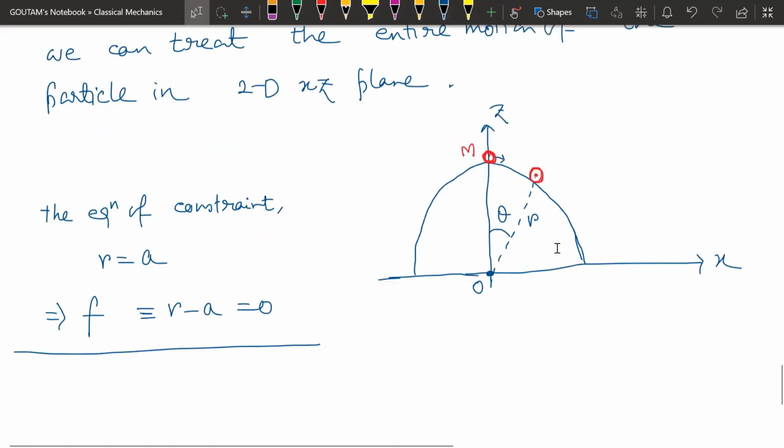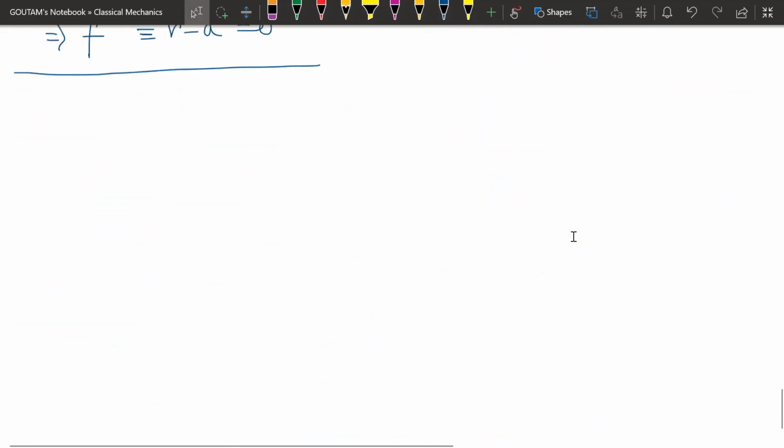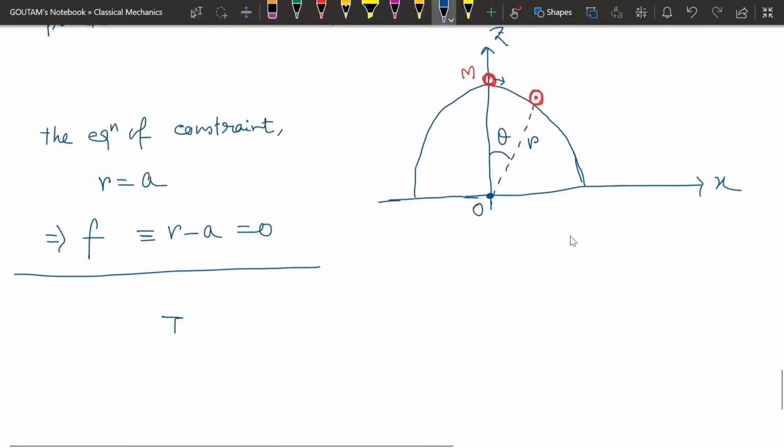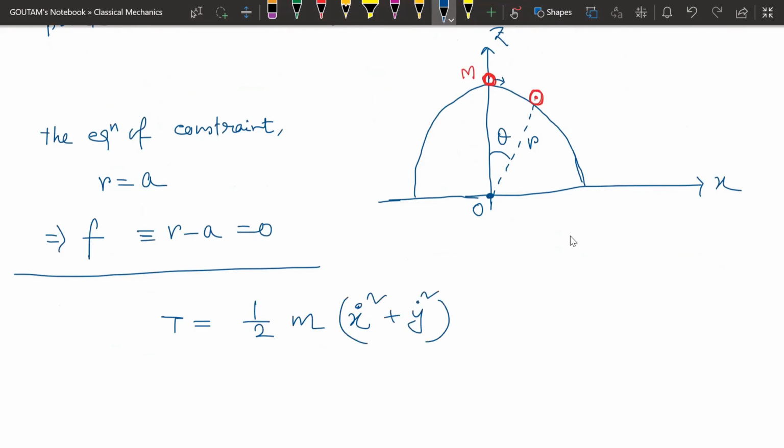Now we need to find the Lagrangian. So we need to find the kinetic energy. The kinetic energy T will be half m (x dot square plus y dot square).